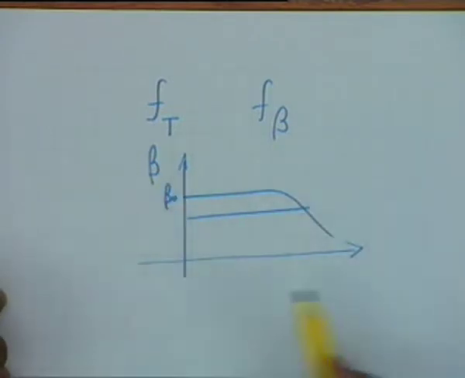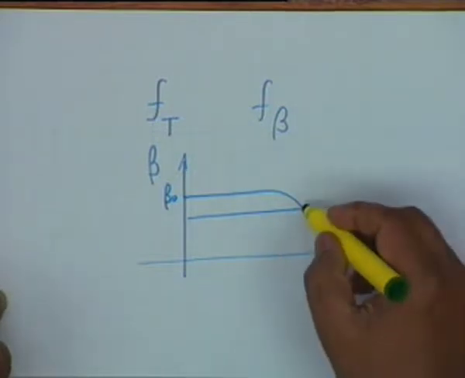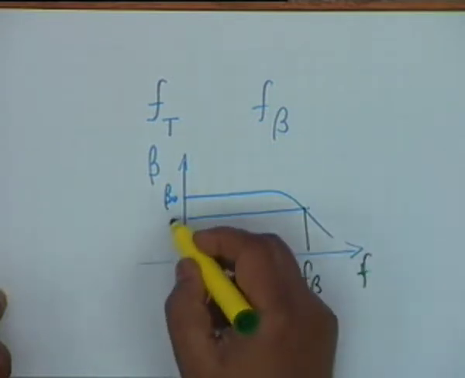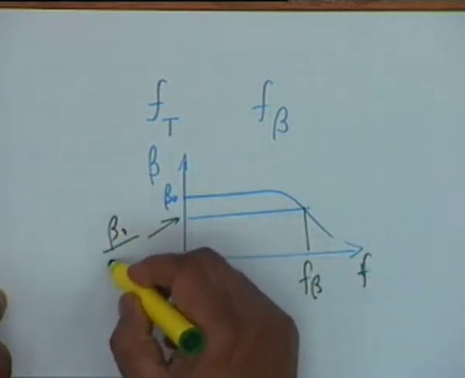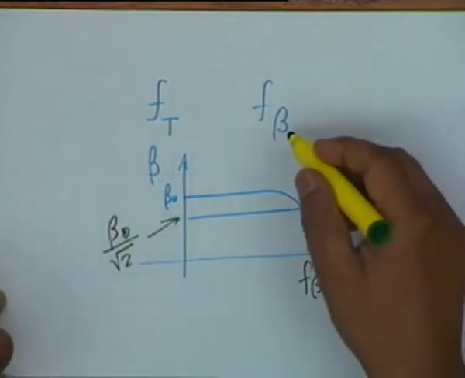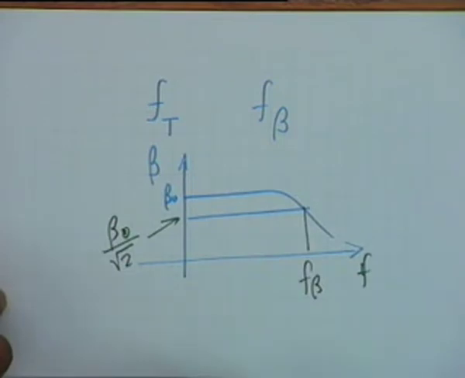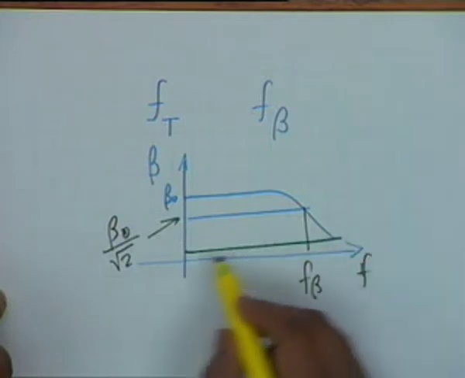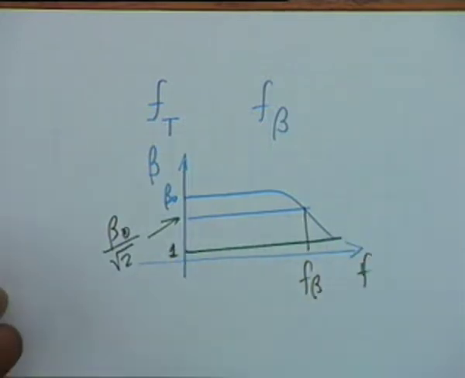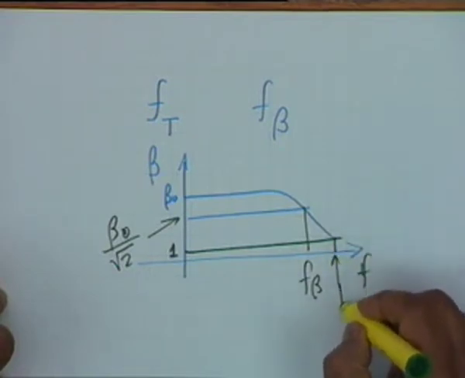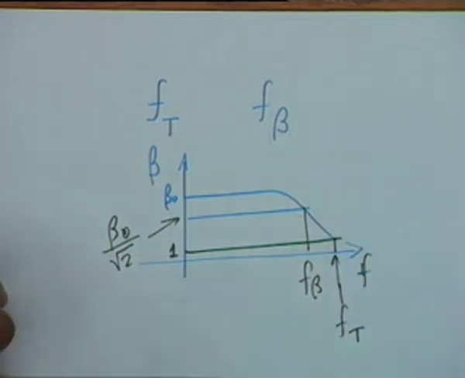Beta is a constant at beta 0, and then at some frequency f beta, the value becomes beta 0 by root 2. And this is called the beta cutoff frequency, and the frequency at which the value of beta becomes equal to 1 is the so-called transition frequency, or f sub t.